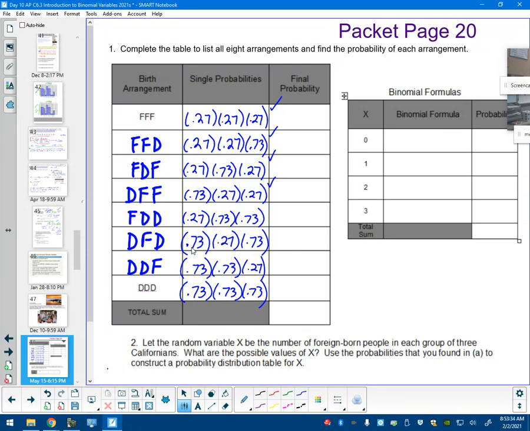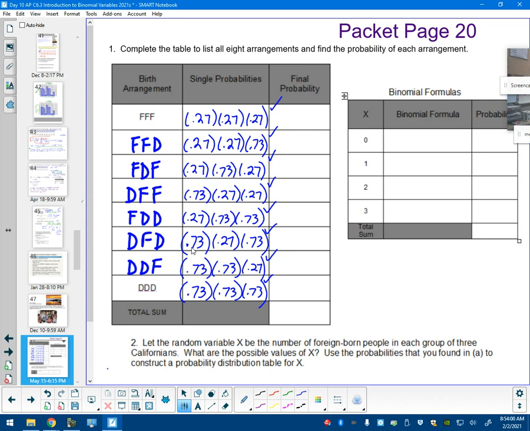Claire, you're in charge of the FDDs, the 2 Ds and an F. And the last one is going to be Carson. You're in charge of the 0.73s. And both Emma Salem and Nathan, you are in charge of adding all these up for us once we get them. All right, so who was the first one?